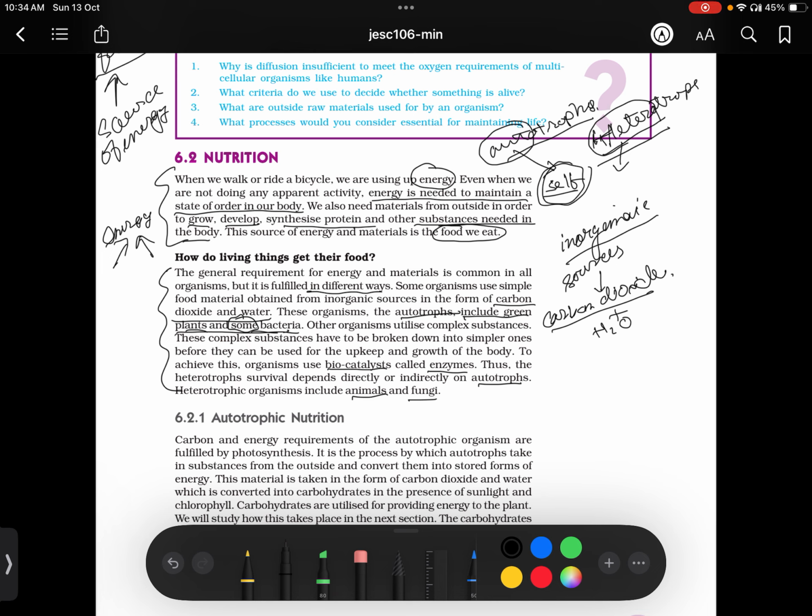Now coming to the heterotrophs, they use complex substances. This they have written here. These complex substances have to be broken down. Like, what do we eat? We eat rice. Rice is to be broken down to carbohydrate. To be broken down, there are some biocatalysts.